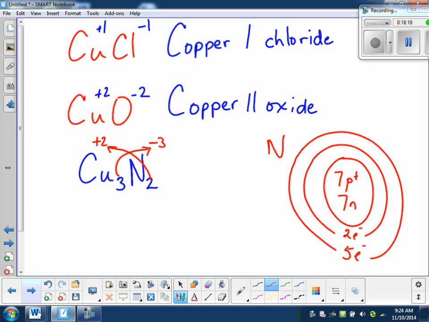It's got 8 in the outside level. What is nitrogen going to do to get 8? Get more. 3 more electrons, right? So 3 more negatives plug in here to make this 8 electrons out here. And then it's stable. It's got 8 out there, and it's going to have a -3 charge.